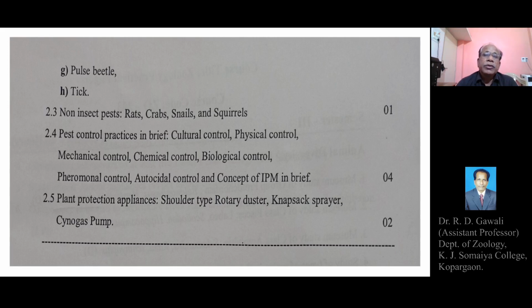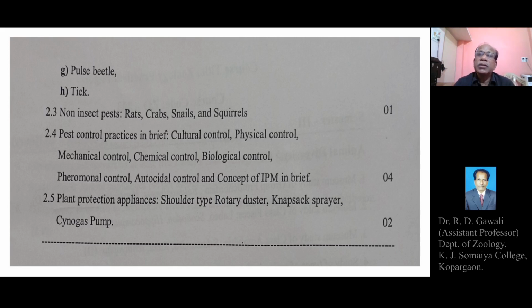These artificial chemicals having similar properties to the pheromones can be used for the aggregation of the pest in a particular place from where we can catch them, we can trap them, and then we can kill them.